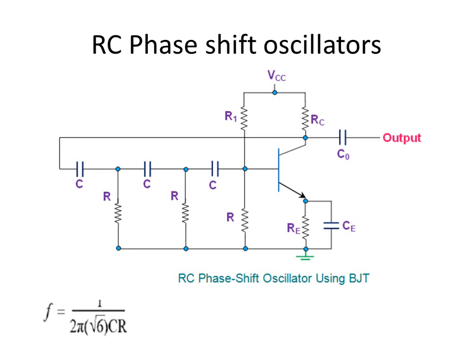Similarly we have 3 identical branches, so altogether it will make a 360-degree phase difference. In this case the frequency is given by f = 1/(2π√6 CR). So these are the 3 important types of oscillator circuits that you have to learn.